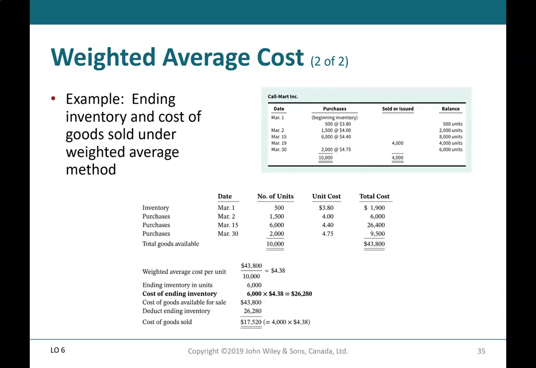You multiply that by the 6,000 in ending inventory, and the cost of ending inventory becomes 26,280. You have our cost of goods available for sale of 43,800. You subtract your ending inventory of 26,280, and that gives you cost of goods sold of 17,520.